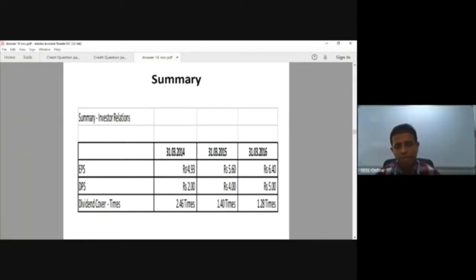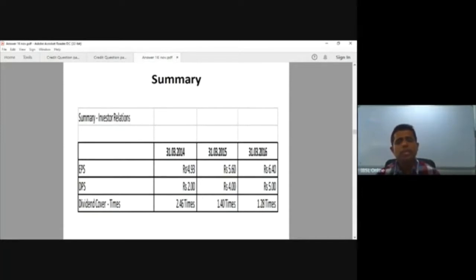But from the company's point of view, paying dividends means you are taking the entity's funds outside. Therefore, if the entity needs any funds, they have two options: either to borrow from the bank or to ask again from the shareholders as a share issue. Right?